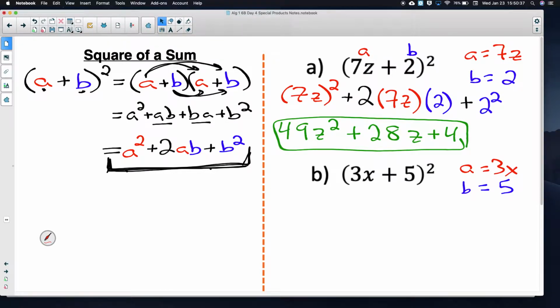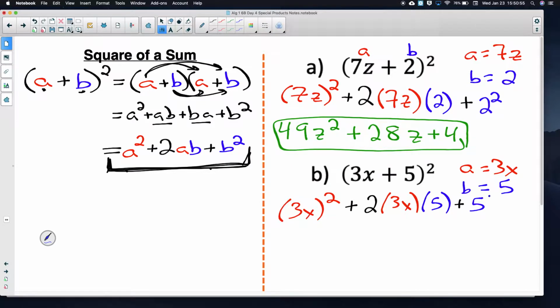So I have 3x squared plus 2 times 3x times 5 plus 5 squared. So if I were to simplify this, I would get 9x squared. This middle term is going to give me 30x, and this last term is going to give me 25.